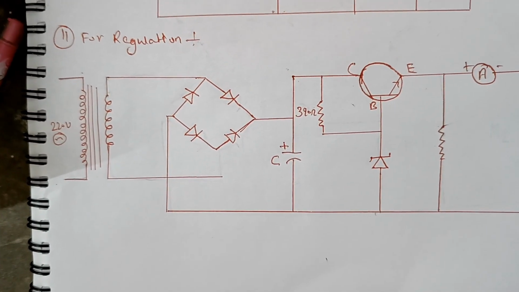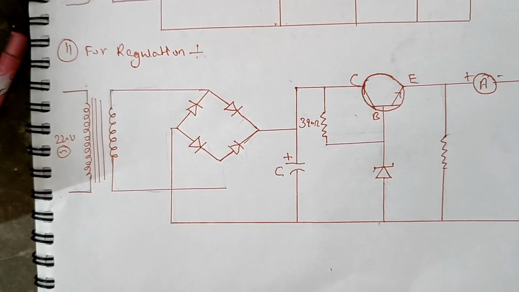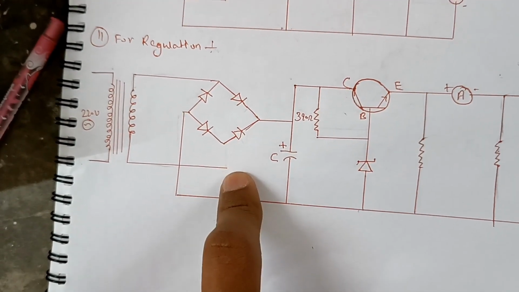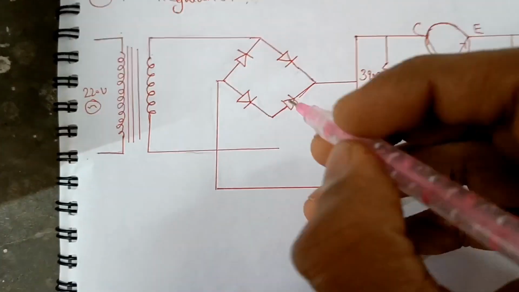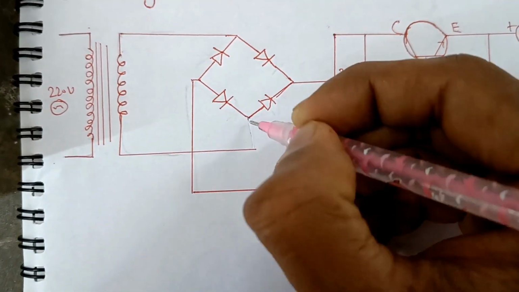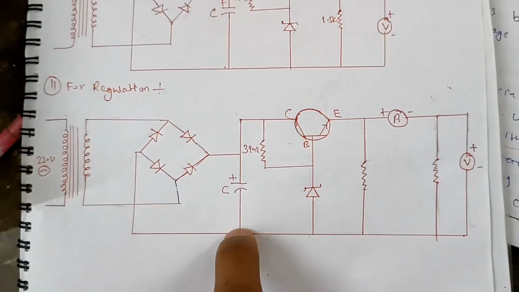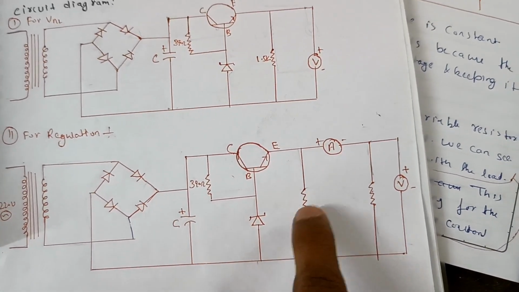Our second circuit diagram for the transistor regulated power supply, you can see that we use the transformer, 4P junction diode, and this is connected to this terminal. So we use the capacitors, 390 ohm resistance, transistor, Zener.